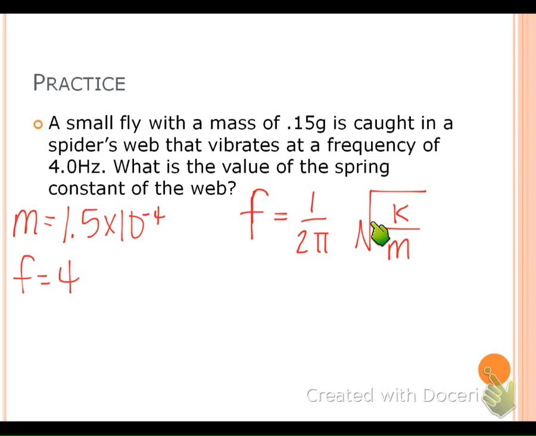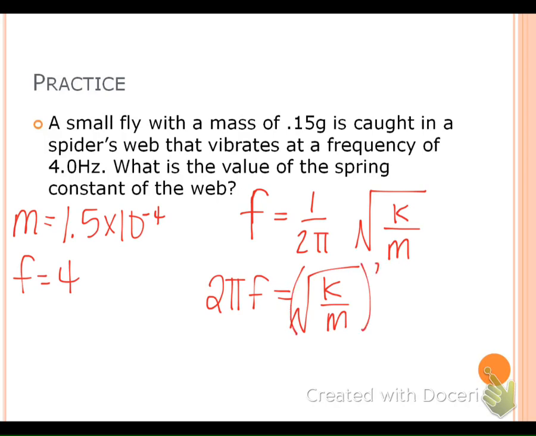Okay, so if we want to get K by itself, what's the first thing we need to get rid of? 2 pi. The 2 pi needs to go first. So to move it to the other side, we need to multiply by 2 pi. So we'll take 2 pi times f equals square root of K over M. Our whole goal here is to get K by itself. Now to get rid of that square root, we need to square both sides.